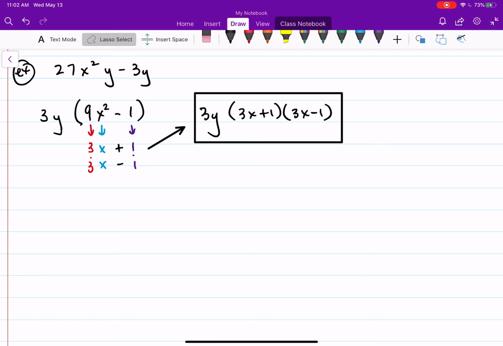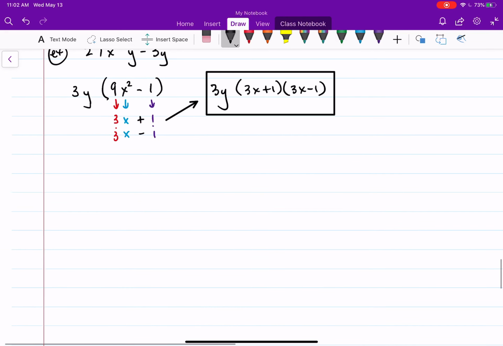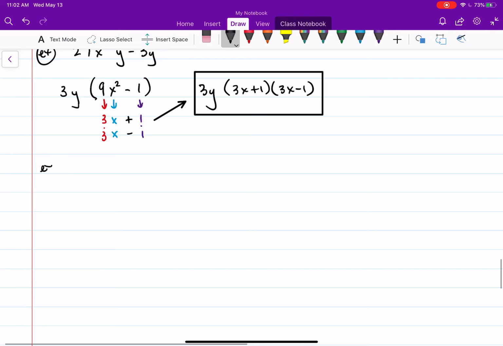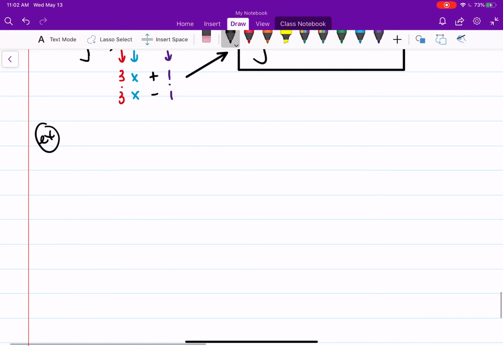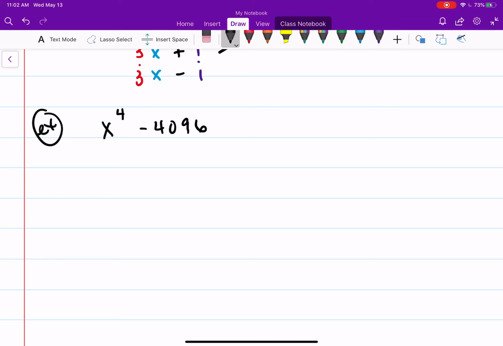All right, how's that? All right, the last example. This is a warning. All right, so I have no GCF, but I do know that x to the fourth would be x squared times x squared.